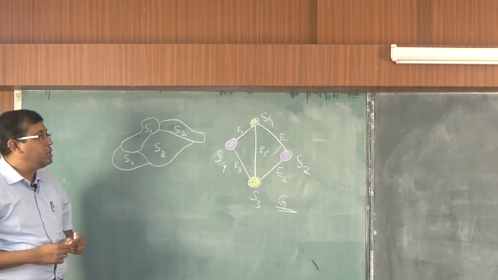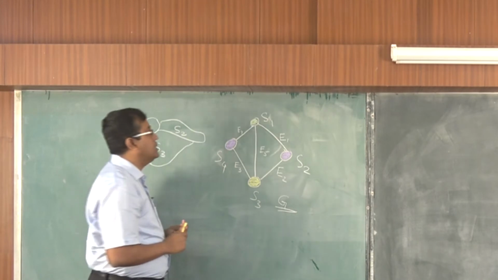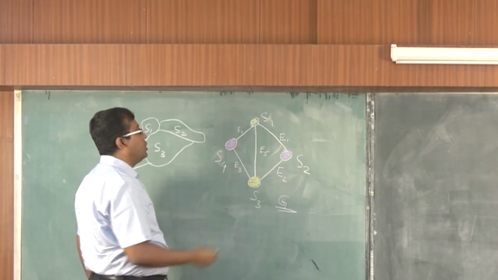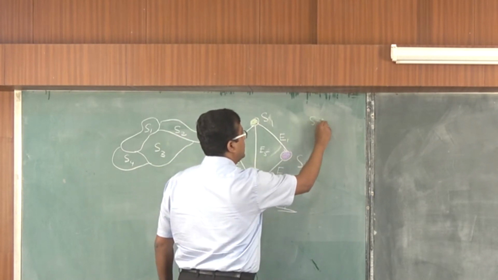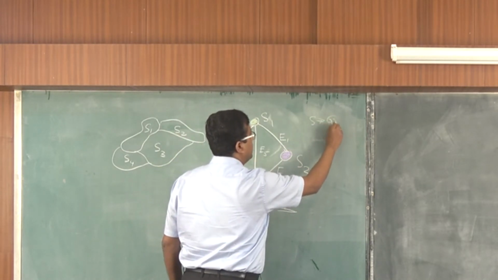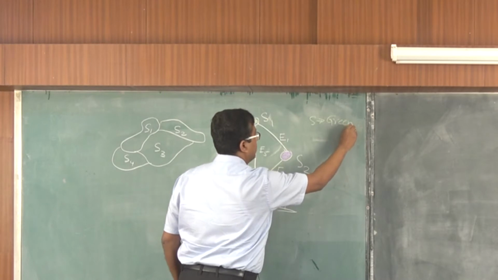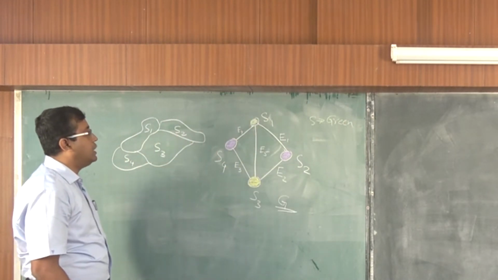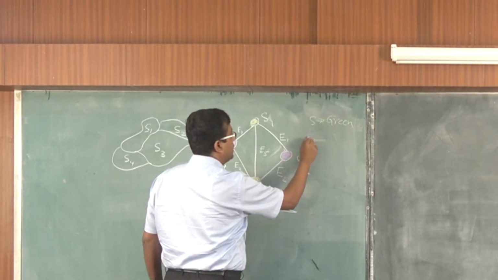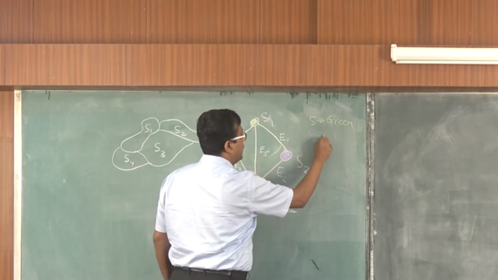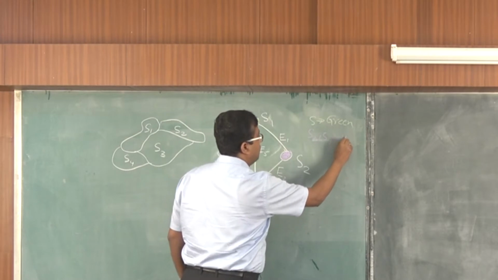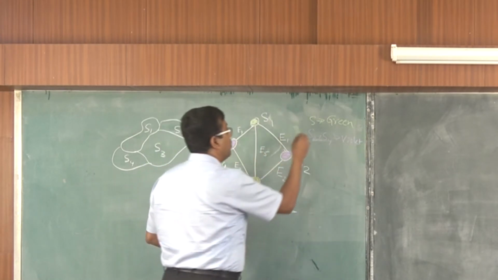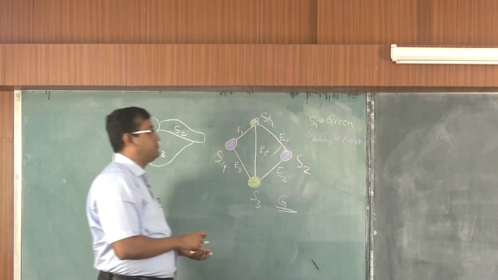So what do we see here? We have the color green assigned to S1. That's the first thing we see. Then we see that S2 and S4 are assigned violet.